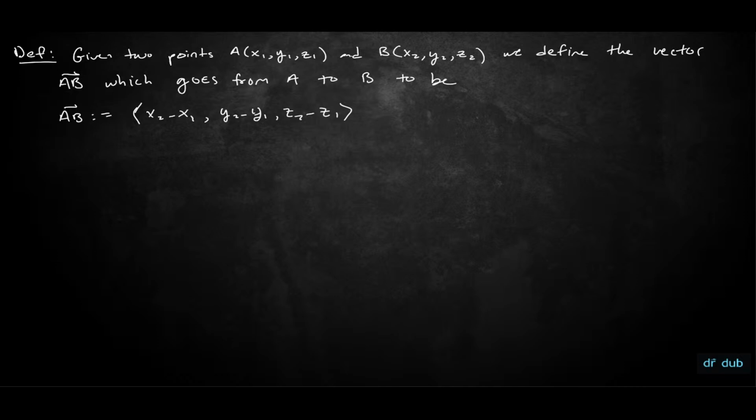So that will be the vector that goes from A to B. If you are to put the tail of this vector on A, the tip will be on B.